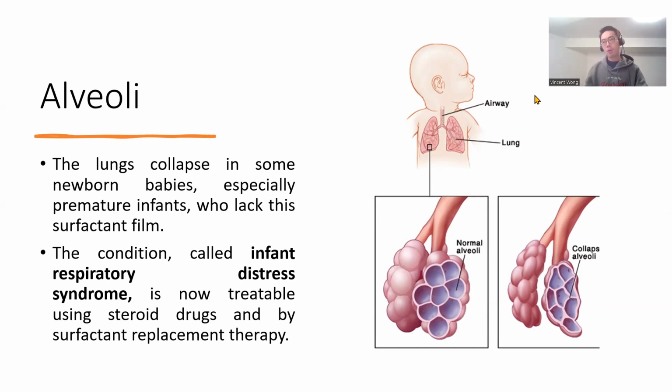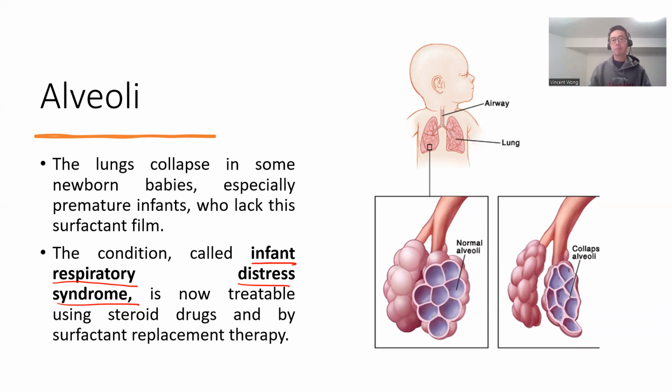And when the baby is born without the surfactant, their alveoli are not opening up. Because the surface tension is so great, it causes the alveoli to shrivel up. And it makes it very difficult for the baby to breathe. This is called infant respiratory distress syndrome.